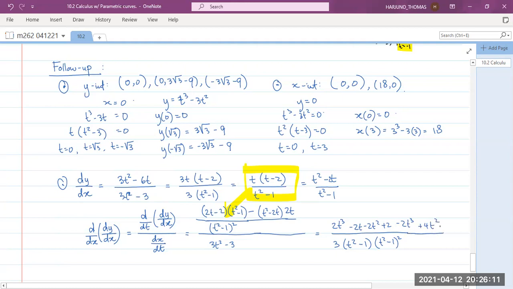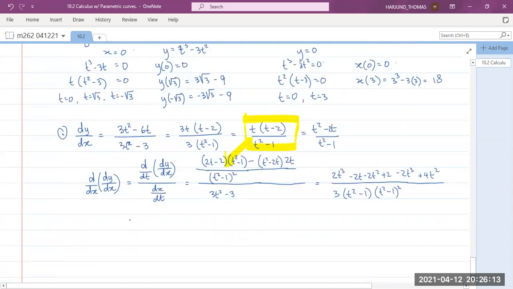Ooh, wow, that's nasty. (3t squared minus 3)(t squared minus 1) squared at the bottom. 2t cubed cancels. T squared, we get 2t squared minus 2t plus 2. I can factor 2.